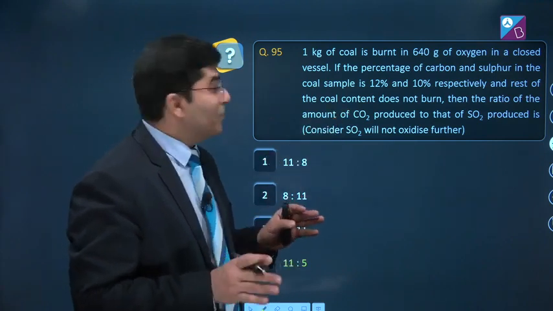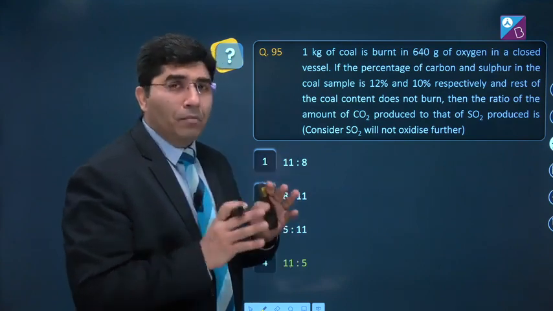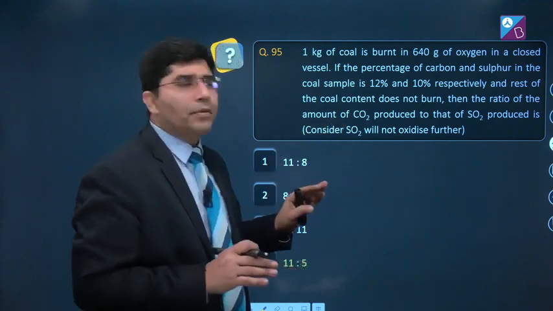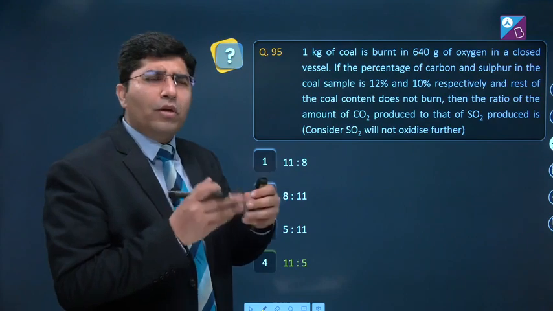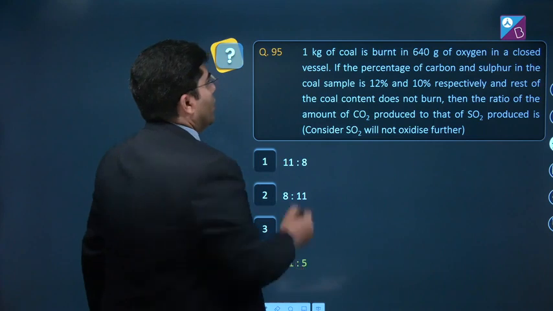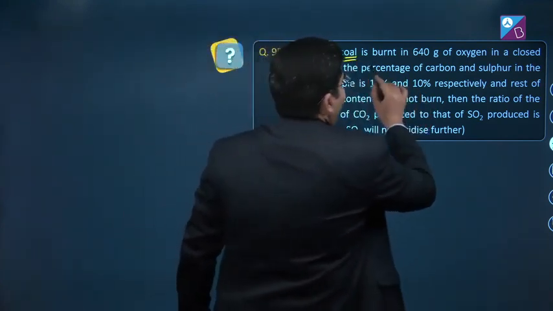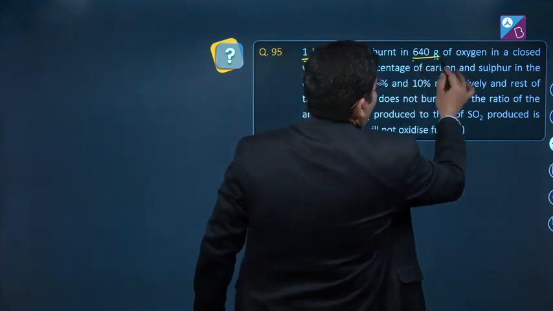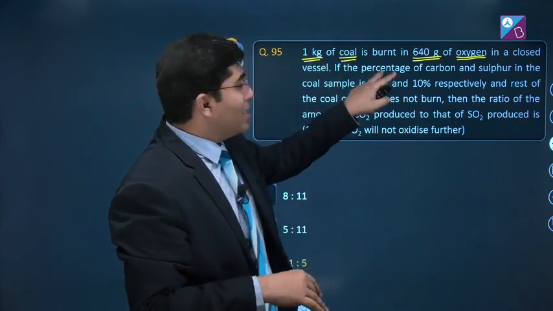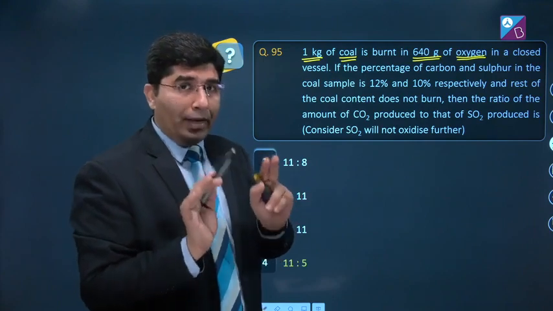It is a very big question, right? Okay. So we will have to understand it slowly, step by step. We have to keep everything in mind, right. Consider SO2 will not oxidize further, meaning SO2 is not getting converted into SO3, that's for sure. So we have 1 kg of coal, it is burning in the presence of 640 gram of oxygen, meaning the amount of coal is given, the amount of oxygen is given, and we have to find out which is the limiting reagent, that also we have to keep in mind, right.